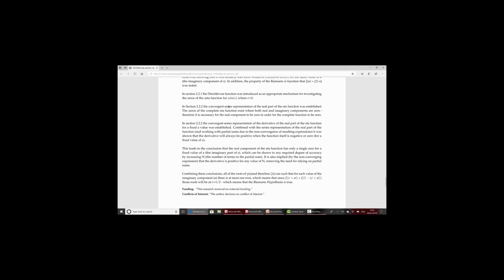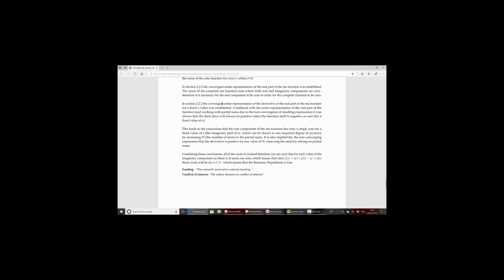We developed the series representation of the real part of the eta function. We looked at the series representation of the derivative of the real part of the eta function for a fixed a value. We saw that the derivative was always positive when the function itself is 0, actually in fact 0 or negative for a fixed value of a.